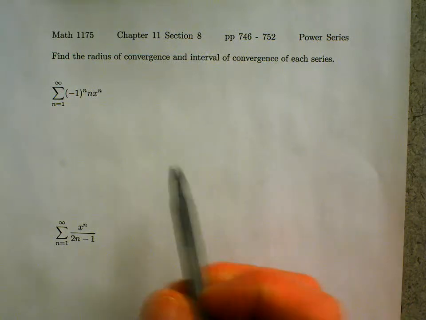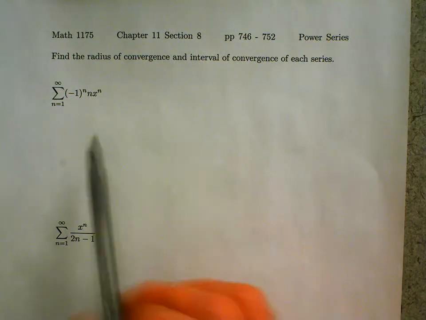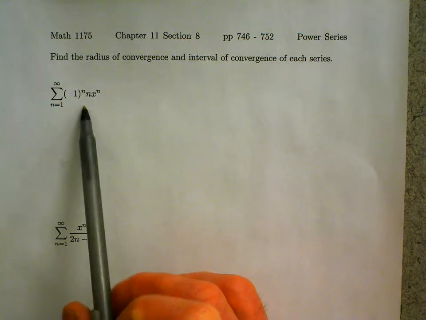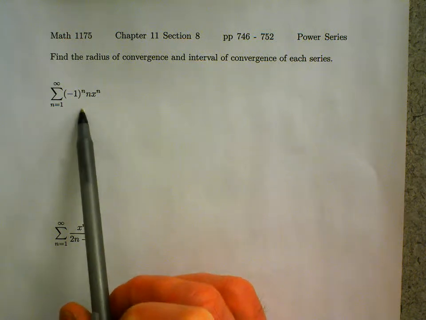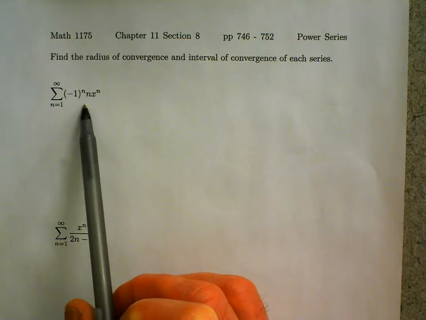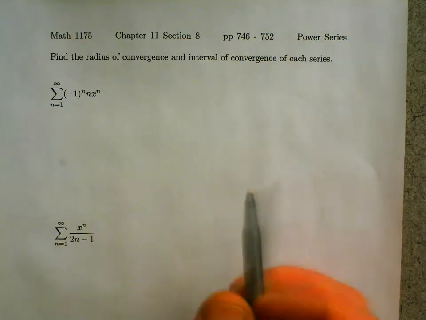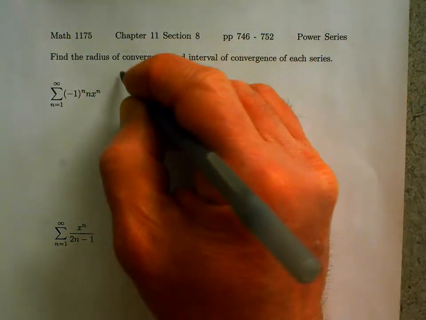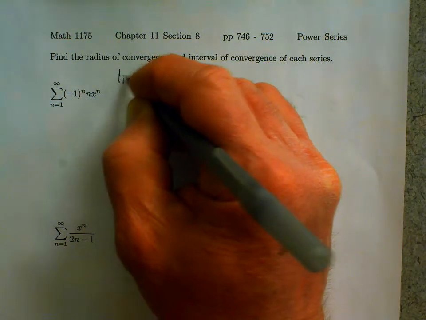So we'll take the textbook's advice and use the ratio test to see if we can find the interval of convergence as well as the radius of convergence.